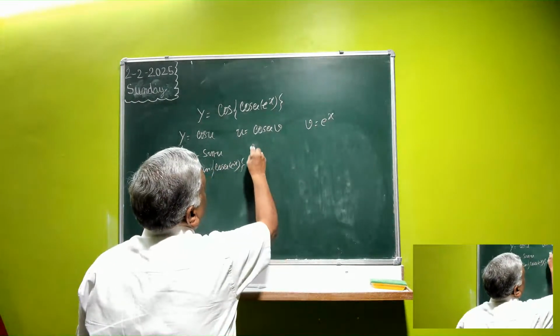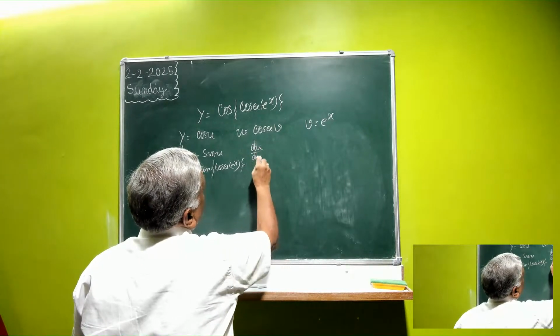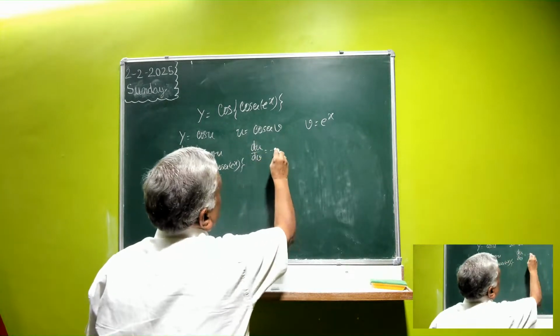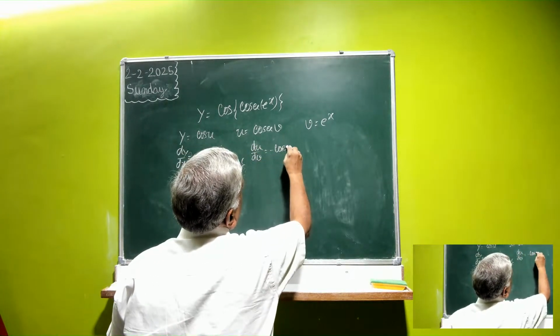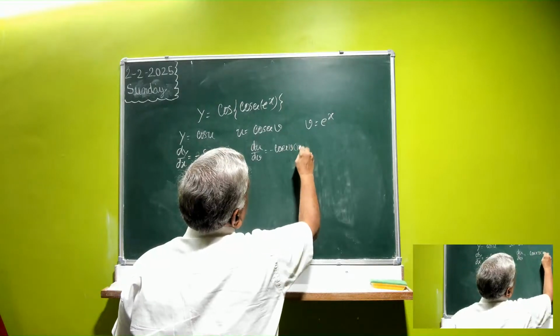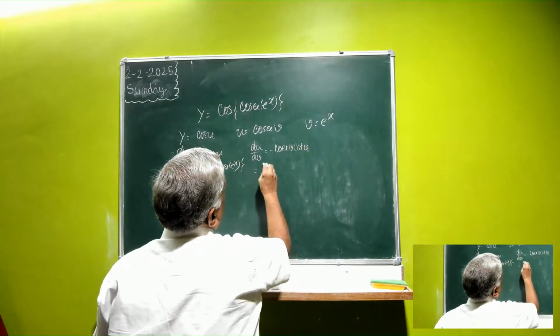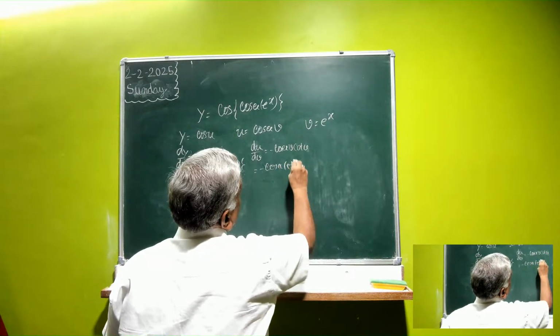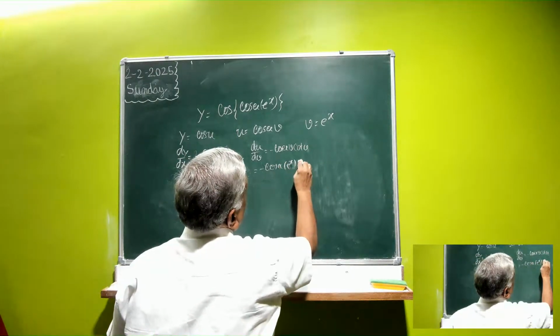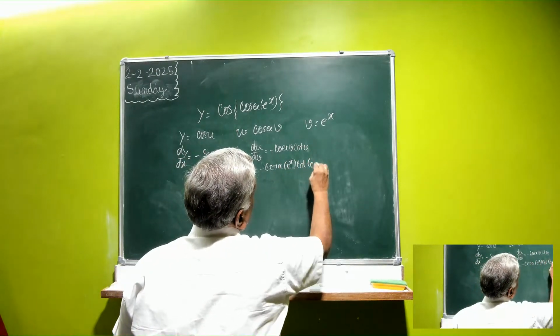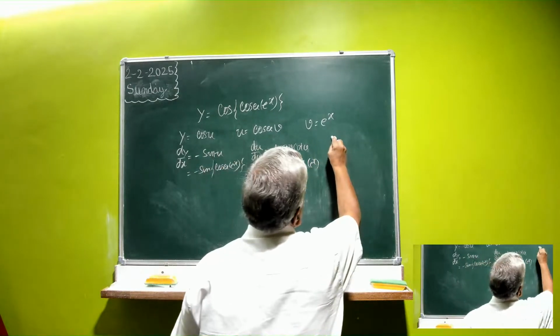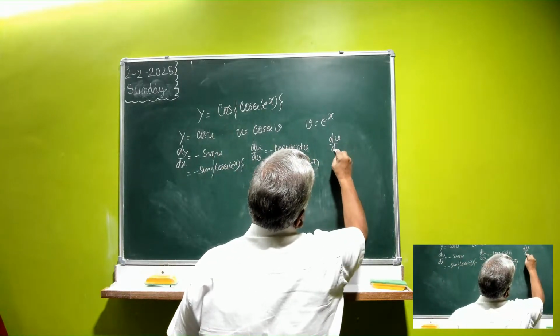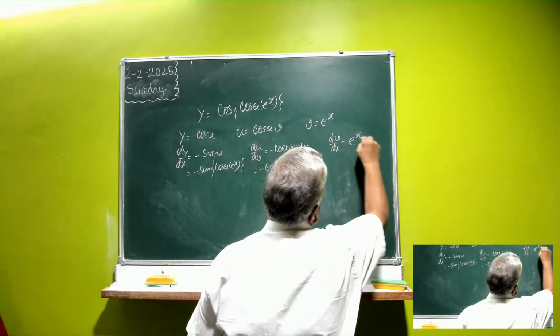Now, what is du by dv? Minus cosecant v cot v. That is minus cosecant e power x cot e power x. Then dv by dx is just e power x.